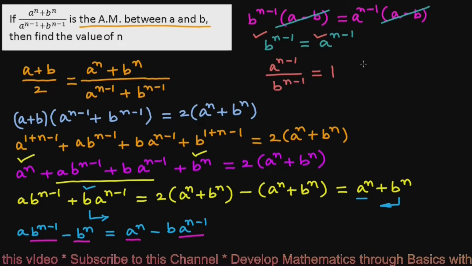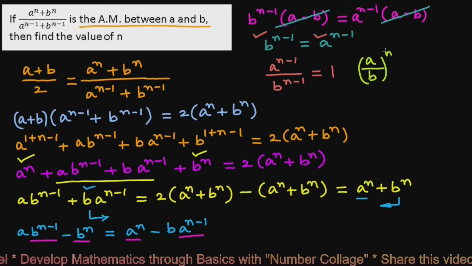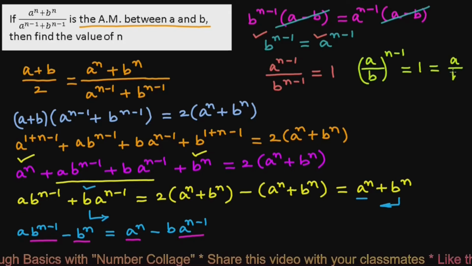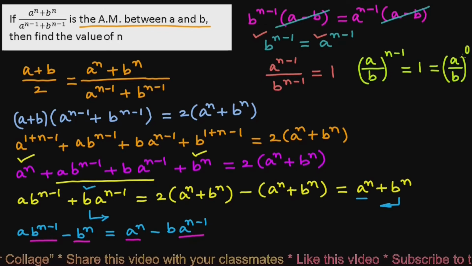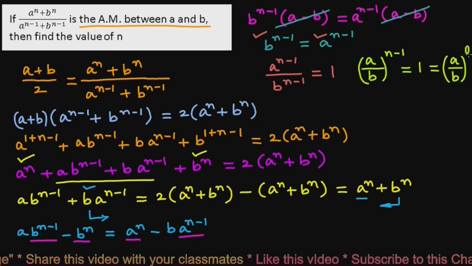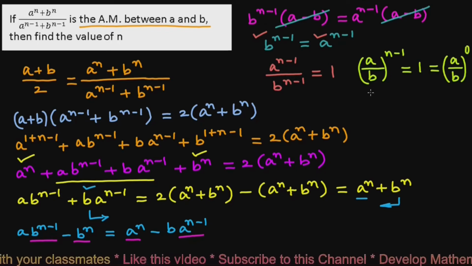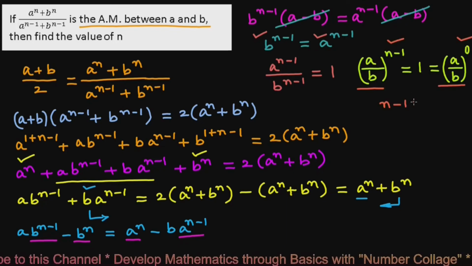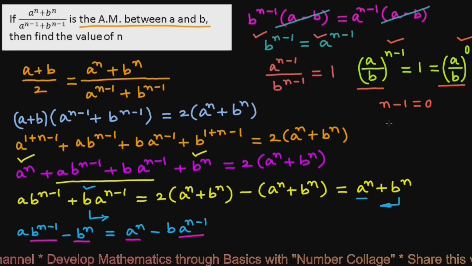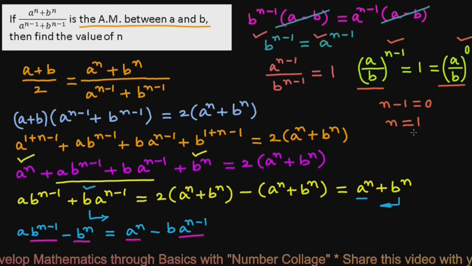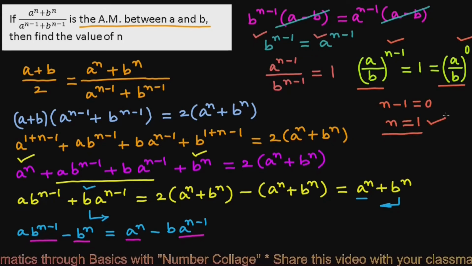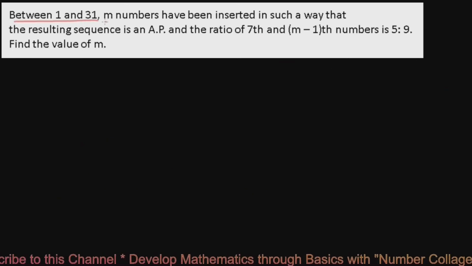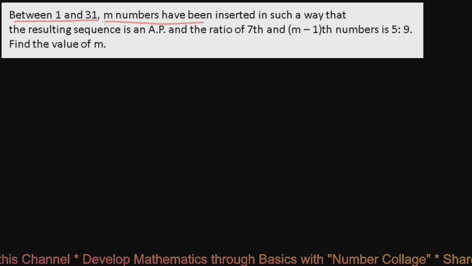This we write as a upon b raised to n minus 1 equals 1, which equals a upon b raised to 0, because a upon b raised to 0 is 1. Now from these two terms we get n minus 1 equals 0, gives us n equals 1. So this is the value of n for the numbers between 1 and 31 and the m numbers between them.